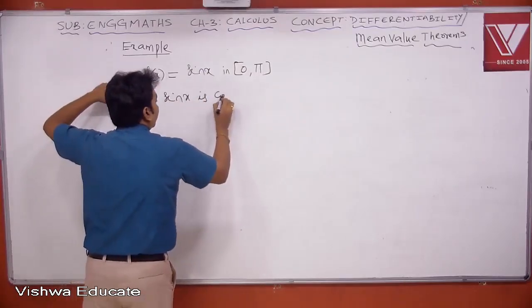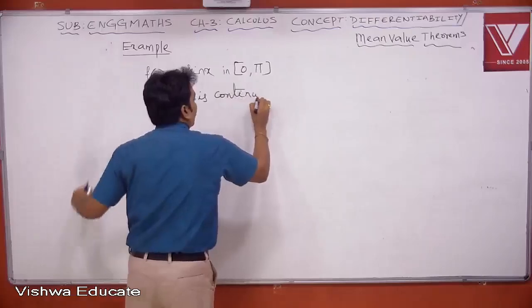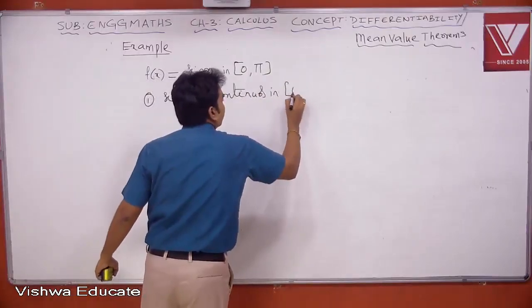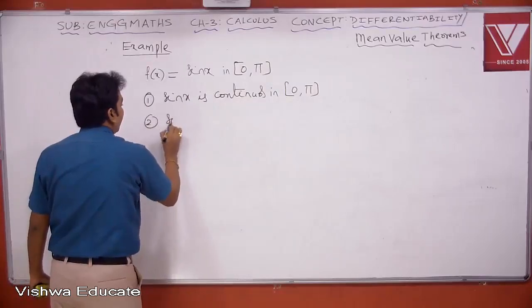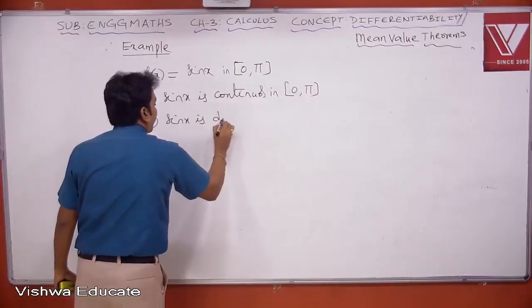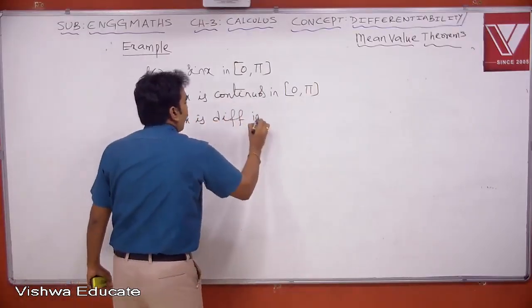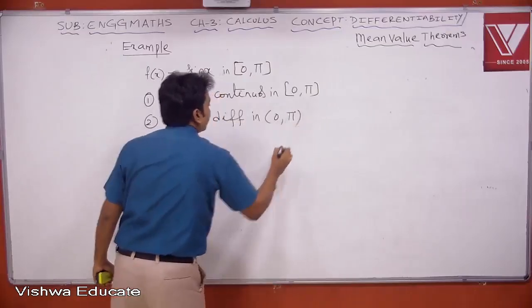So sin x is continuous in closed interval 0 comma pi, and sin x is differentiable in open interval 0 comma pi.